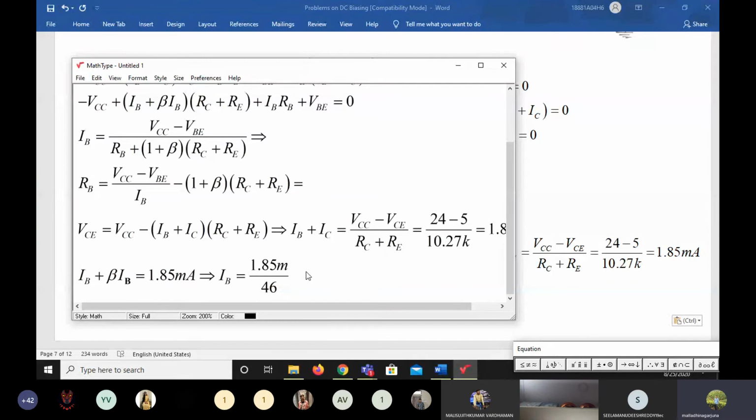What is the RB value? Base resistor value. 40.22 microamperes is the answer here. And substitute in the RB. How much?